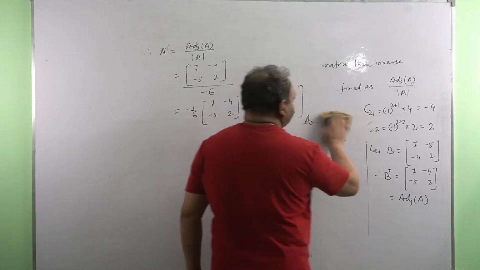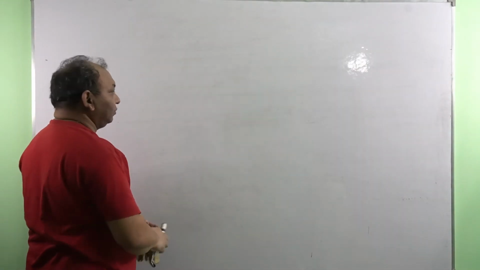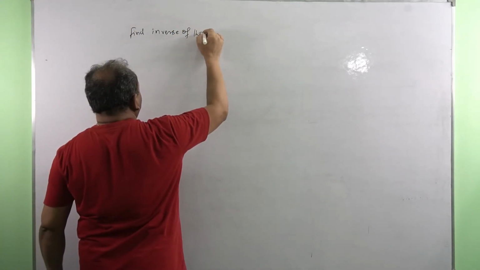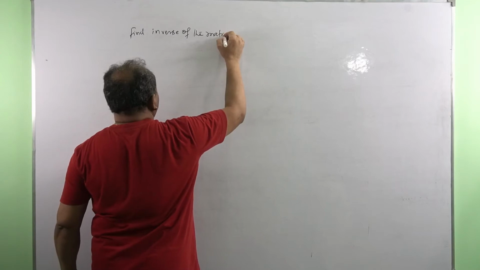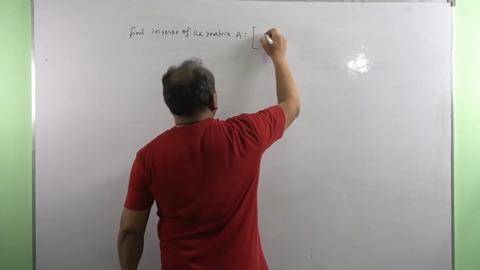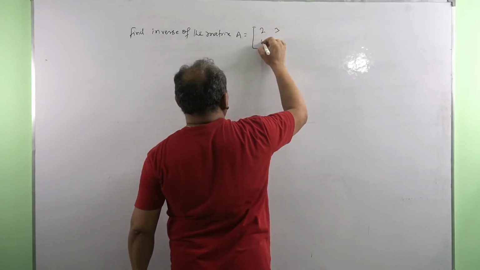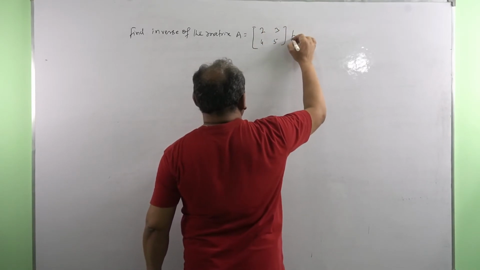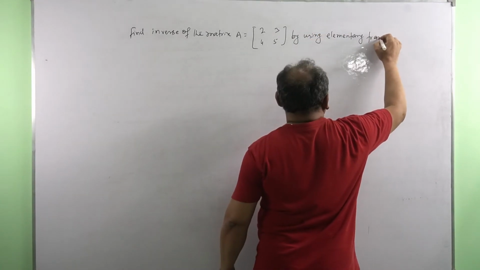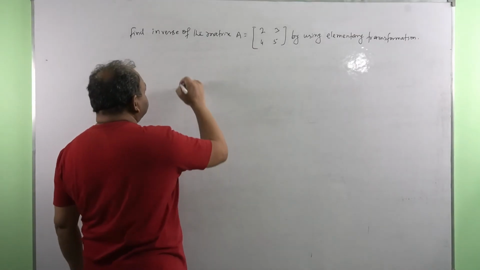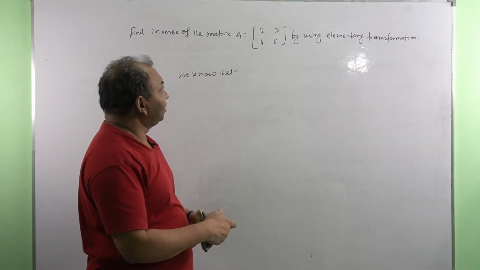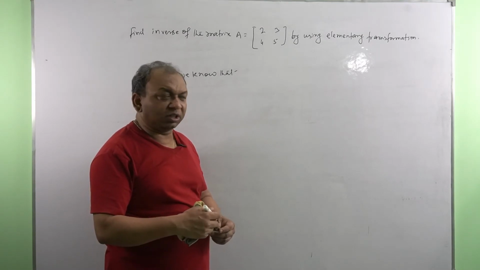Another method, the second method: find the inverse of the matrix A equal to [2, 3; 4, 5] by using elementary transformation. We know that in this method we get the inverse of a matrix by elementary row transformation or column transformation.